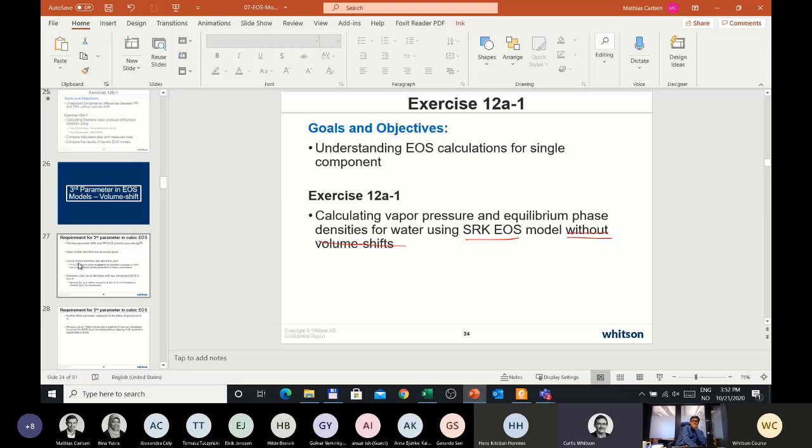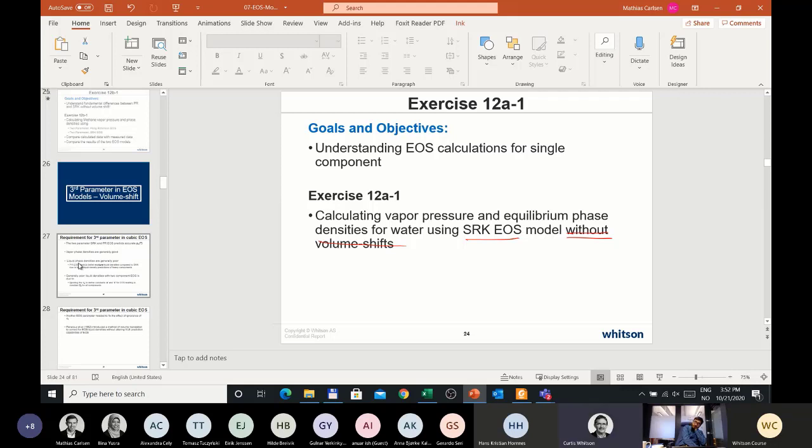So it was an arbitrary choice in a sense, in terms of what school do you root for when they're playing football. It was more or less like that. There was no definitive paper that said in 1983 the Peng-Robinson is always better than the SRK.